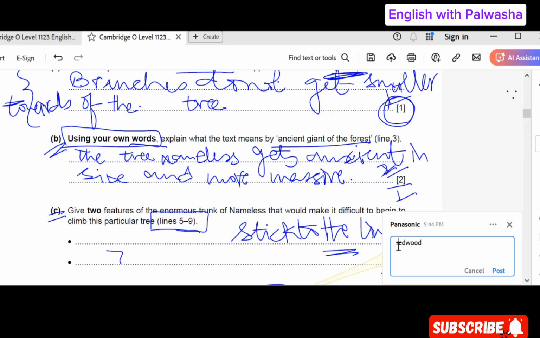The answer of this one is from line number 18, I'm telling you guys. Redwood can grow from a seed into a tree, right? Into a tree. So this is going to be the exact manner you're going to write. This is going to be the first line: tree that's 16 meters tall.